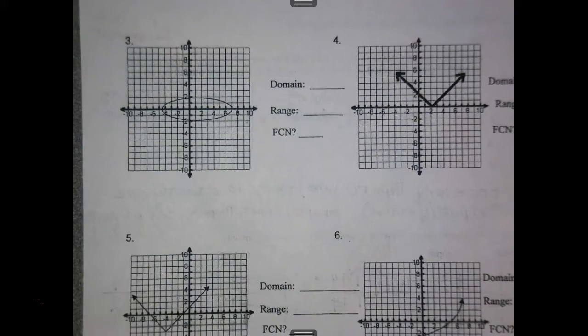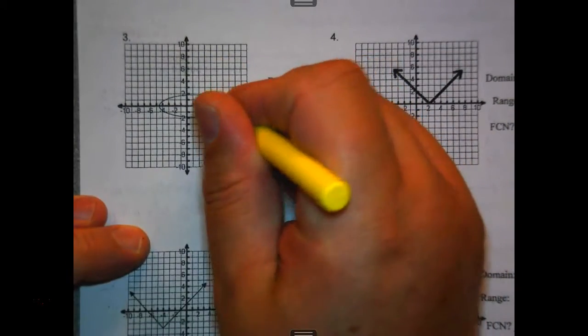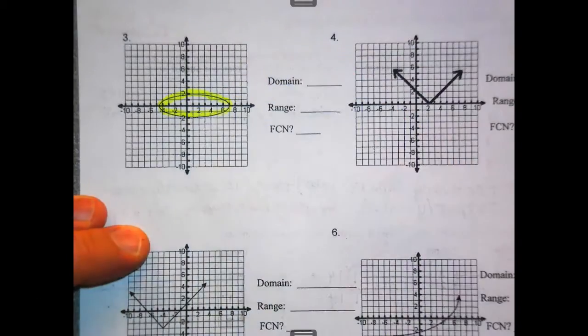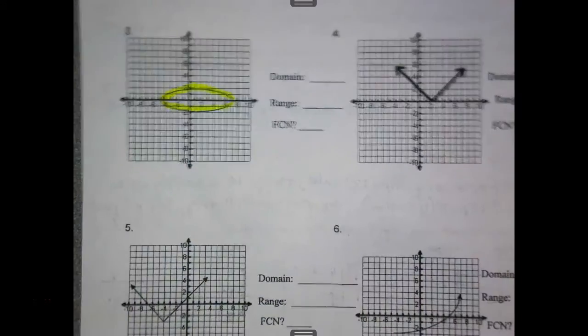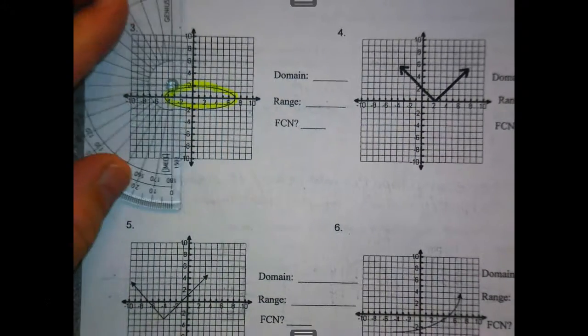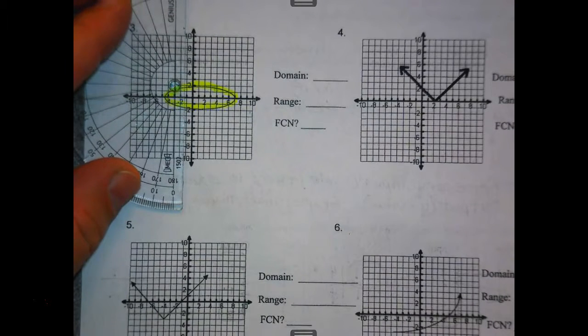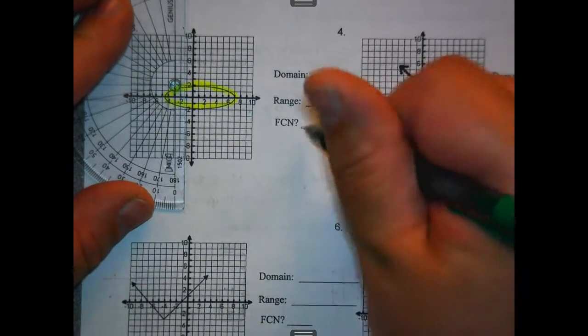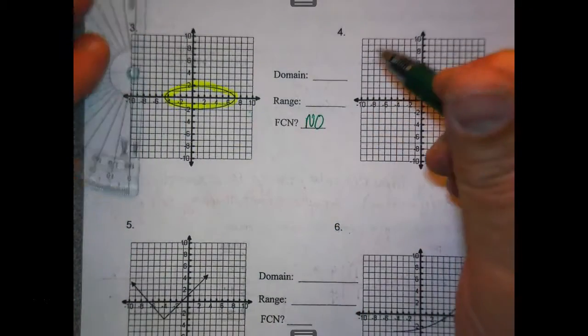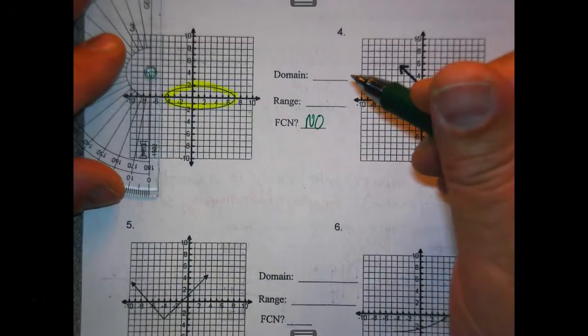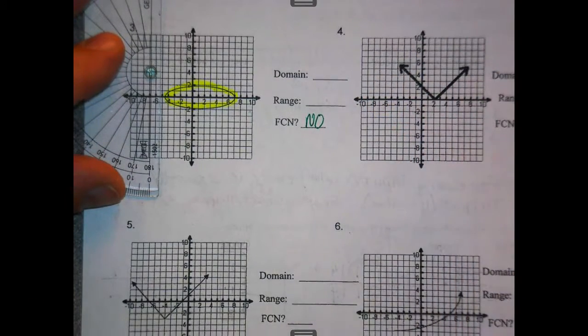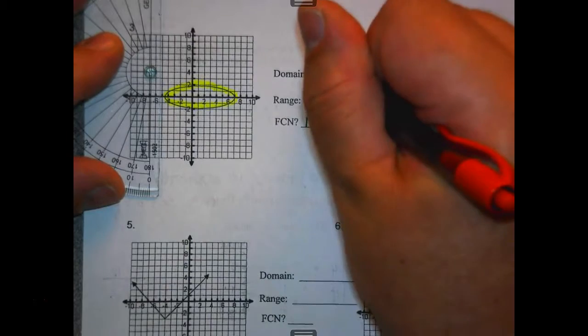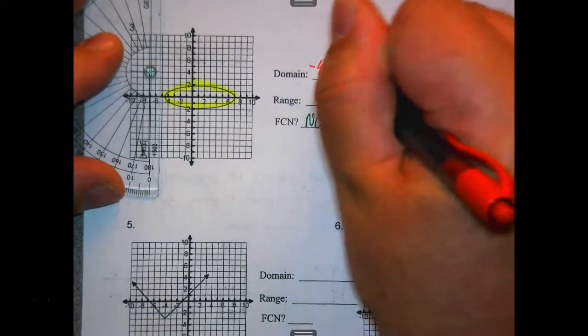Number 3, is this a function? No, because it doesn't pass my vertical line test. My vertical line intersects the graph at more than one point. This is not a function. What's my domain? Well, it's supposed to be -5, so it's like -4.5.